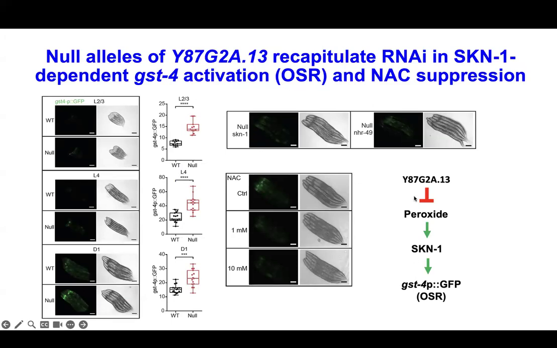And so we show that the knockdown or the deletion of these two transcription factors can abolish the reporter upregulation. And also pre-treatment of the reporter animal with the antioxidant N-acetylcysteine can also dose-dependently suppress the upregulation of the reporter by the RNAi.